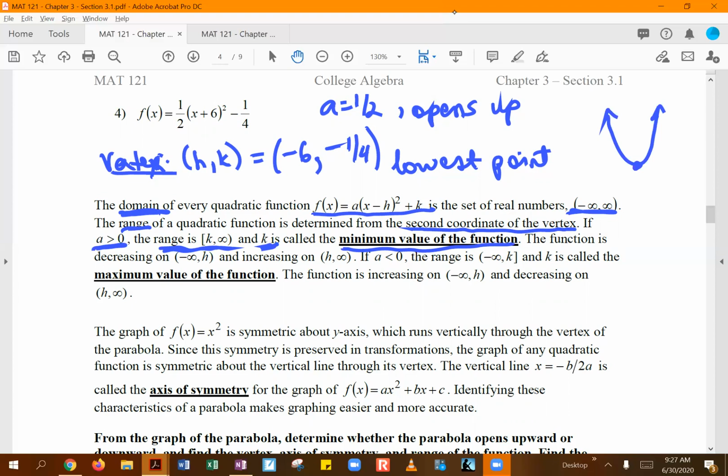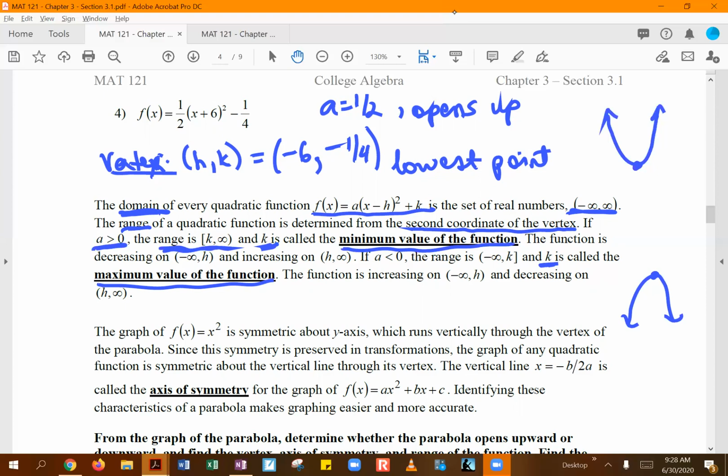However, if our parabola was opening downwards, which means a was a negative value, then your vertex would be the highest point on our parabola, and that would make k the maximum value of our function. So just depending on how the parabola is opening, you will know if your k is the minimum or the maximum value of the function.